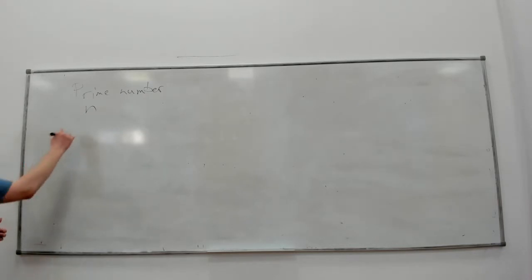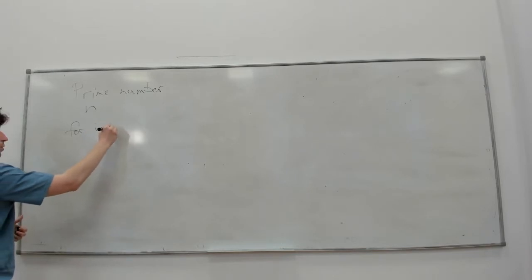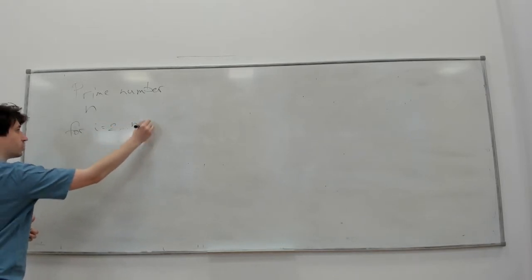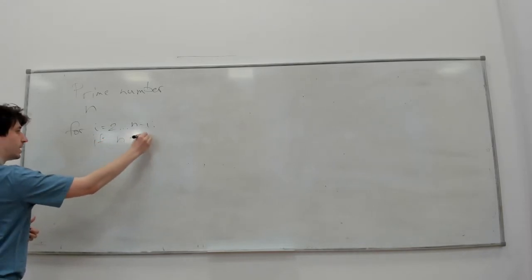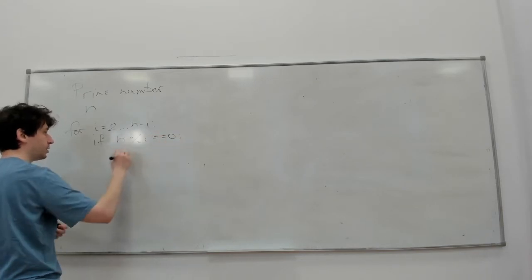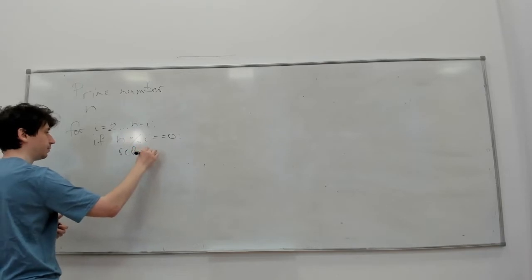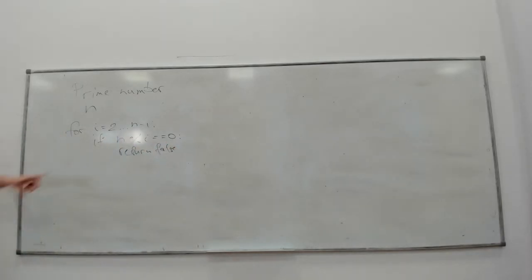So you just go for i from 2 to n minus 1, and if n is divisible by i, then return false. Okay, so this is reasonable. We just go over all the possible divisors of n and check that none of them divide n.